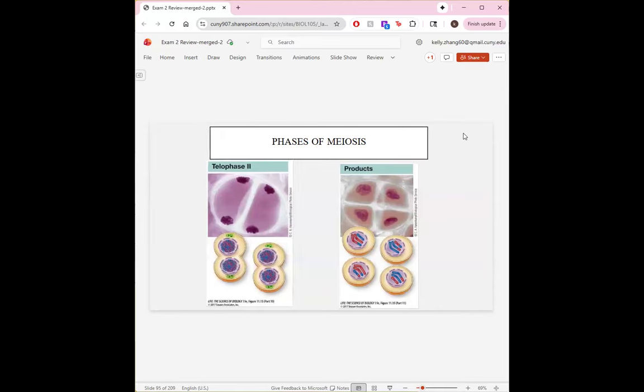Finishing up meiosis 2, telophase 2 is the chromosomes gathering into separate nuclei, and then the cells divide. In the end, the result of meiosis is four haploid cells from one original diploid cell. All four haploid cells have a half set of chromosomes, coming from one original diploid cell that had the full set.